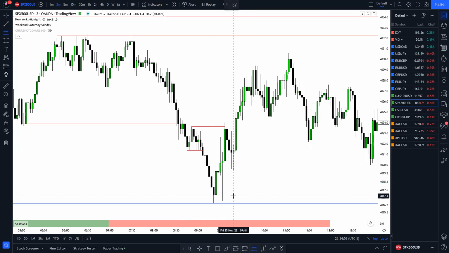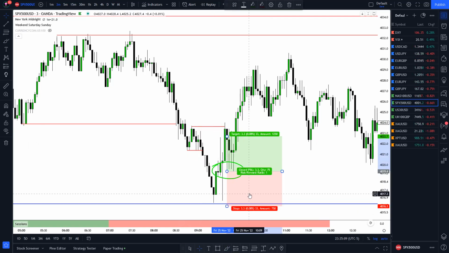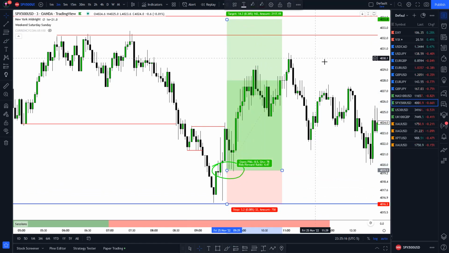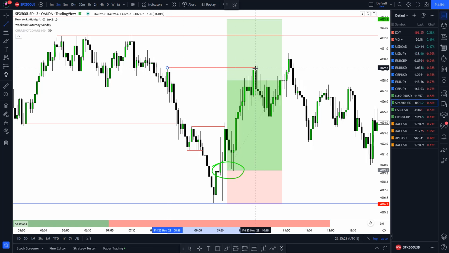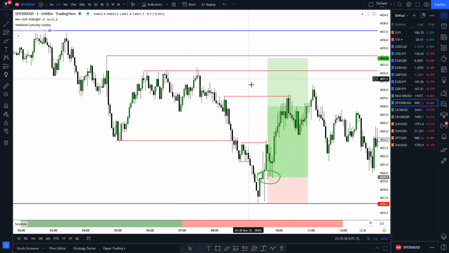However, we can use a fib, and like I showed with the discounts, if I draw a fib from the bottom of that swing to the top of that swing, price retraces below 50%, so you could place your entry in there with your stop loss at the bottom of the raid and objectives above. And in hindsight, you can see that some short-term swing highs were broken to break the sentiment. However, it was not broken as deep as you may have wanted.